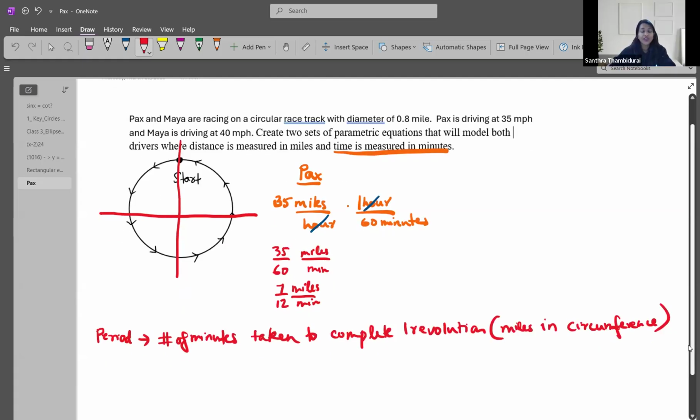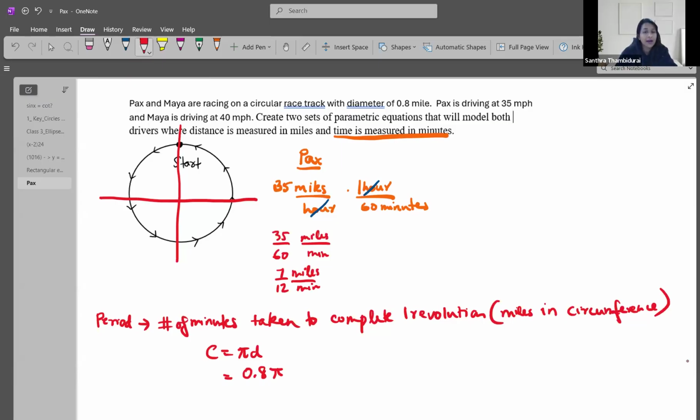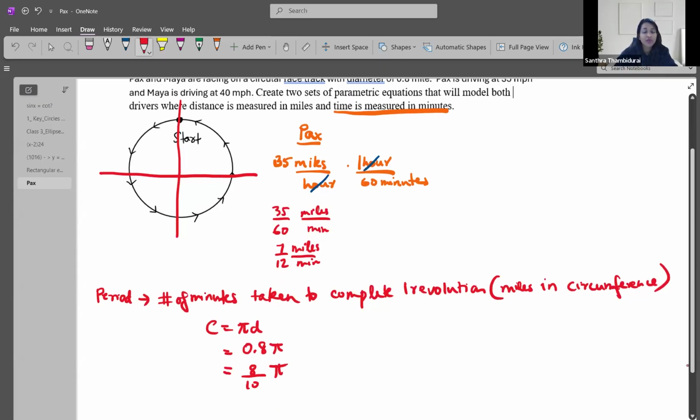So let's figure out the circumference first. The circumference is going to be pi times the diameter. Because the diameter is 0.8 mile, it's just 0.8 times pi. I'm going to write it in terms of fractions, because a lot of teachers like that. So 8 out of 10 pi, or in other words, 4 out of 5 pi.